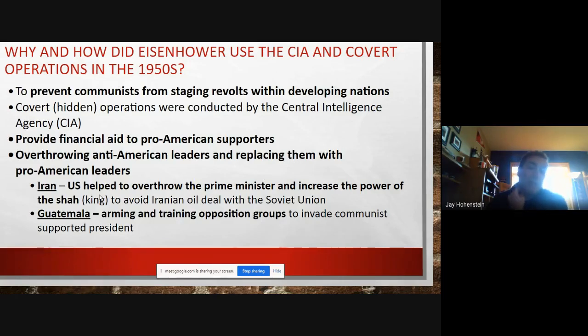The Shah of Iran was a dictator, but he was friendly to the United States, and he would get us oil so that we would be able to run our military and run our economy. If you notice that now Iran doesn't like us and they don't trust us, this is part of the reason why. We also sent groups into Guatemala so that they would be able to topple a leftist government and prop up a government that would be friendly to the United States.